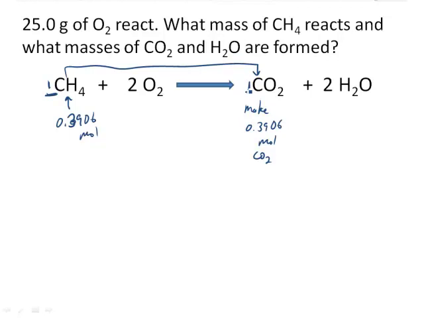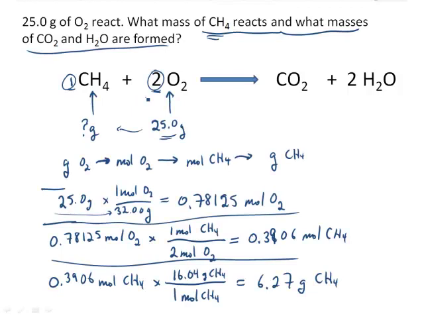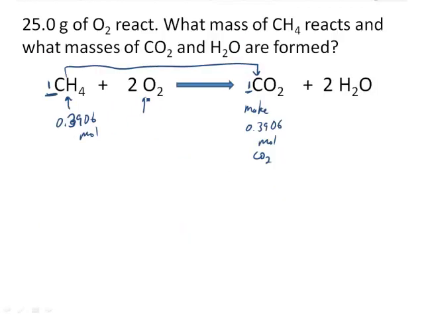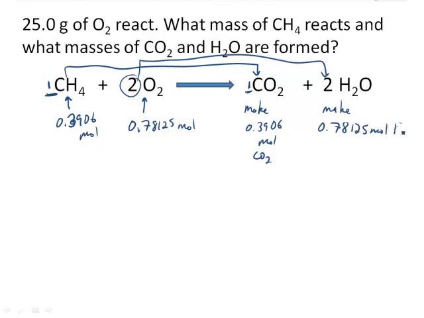In addition, I know the amount of O2 I used in moles was 0.78125 moles, and because every 2 moles of O2 make 2 moles of water, those numbers will be the same. So I know I make 0.78125 moles of water. I'm not going to go through the math for it, but then you just convert that to grams of CO2, and you convert that to grams of water using their respective molar masses. And that's how this works. It's just that.